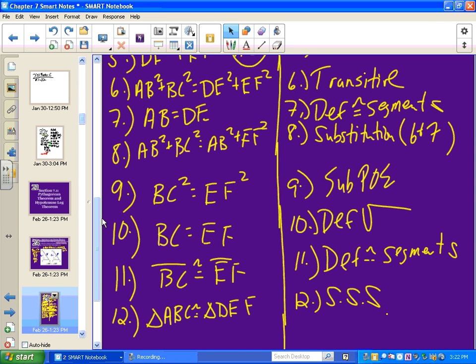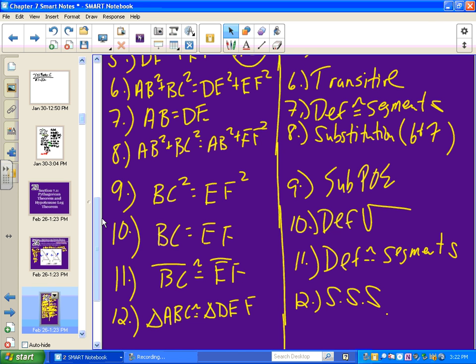So, in that proof, we were able to use the Pythagorean theorem, the one we studied in the previous lesson, and this proof proves the hypotenuse leg theorem, which is another justification that allows us to prove triangles congruent.